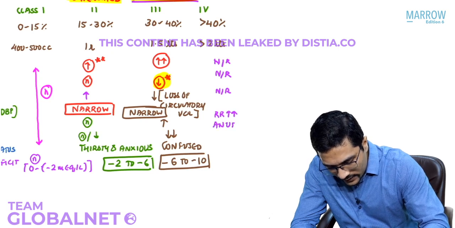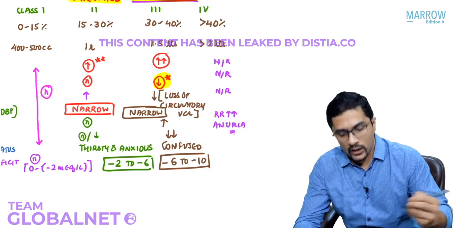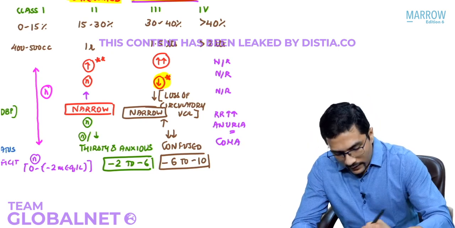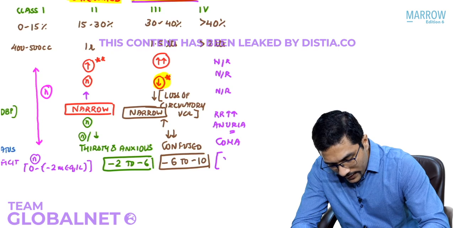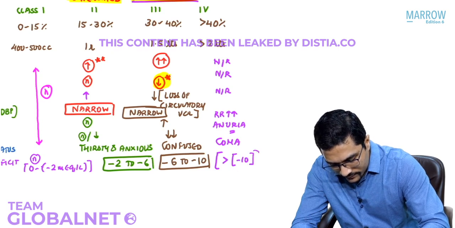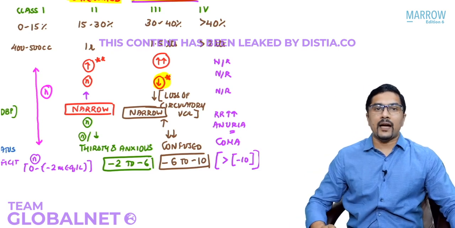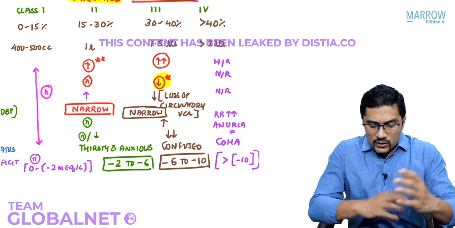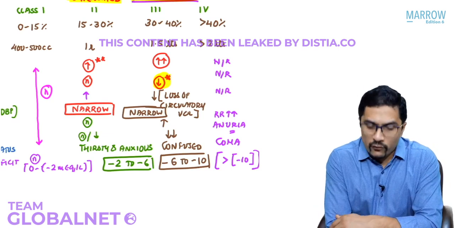The patient has anuria. No urine production is there. This patient will be in a state of coma. And the base deficit is more than minus 10 milliequivalents per liter. Right? So these are the 4 classes of hypovolemic shock.